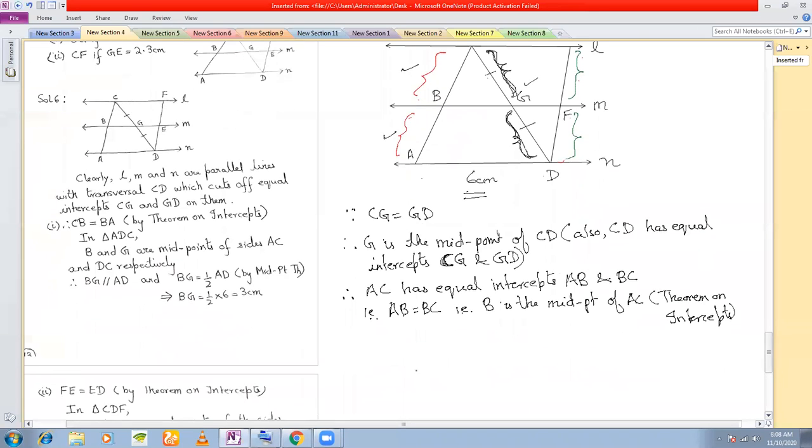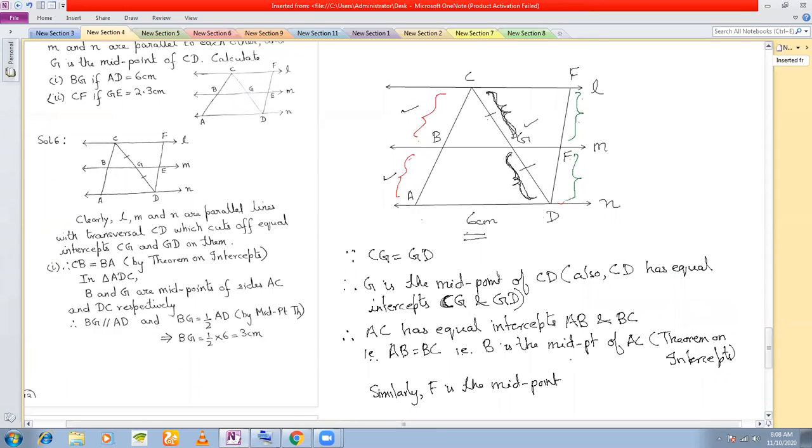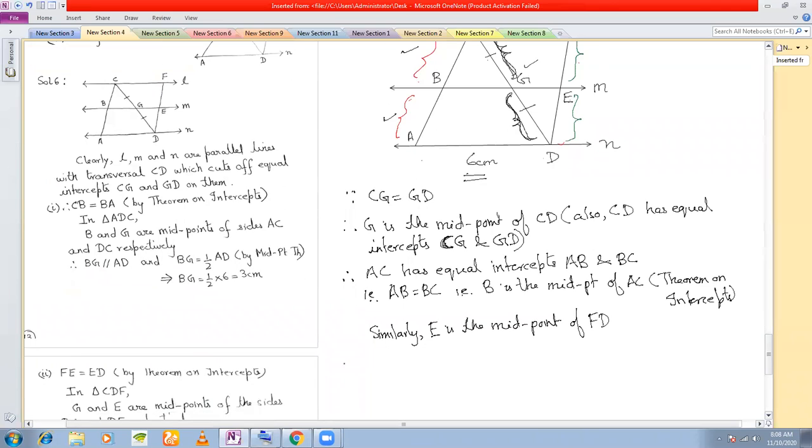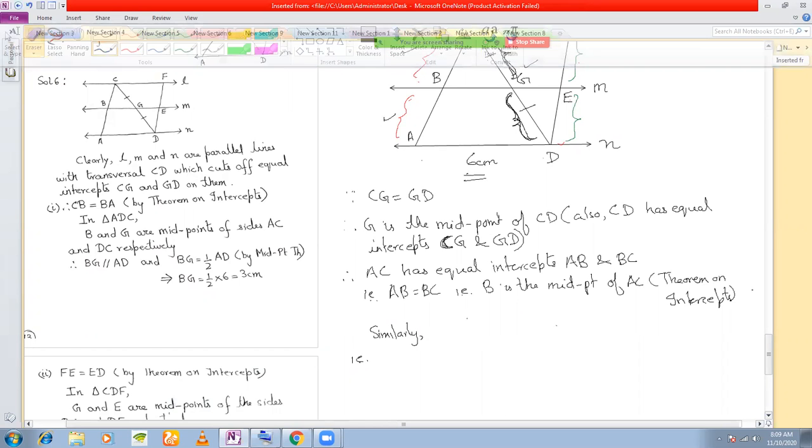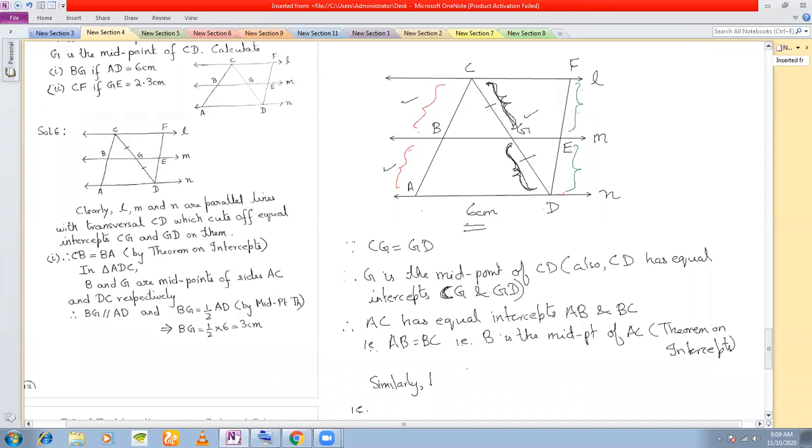Similarly, E is the midpoint of FD. Oh, not F, this is E. Just as you had written earlier, similarly, FD has equal intercepts FE and ED.